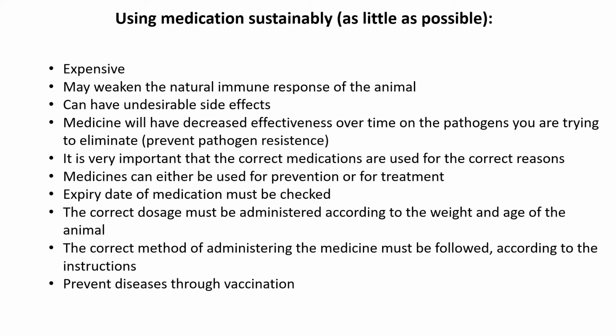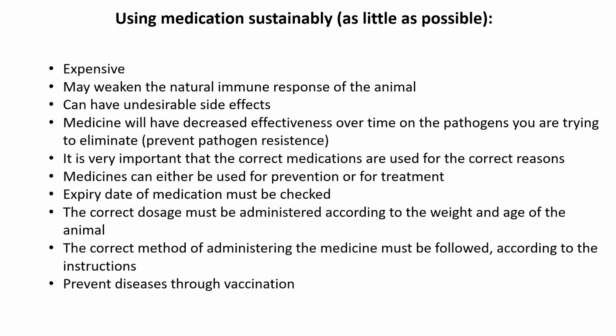Fourthly, medicine will have decreased effectiveness over time on the pathogen, let's say a bacteria or virus, if you give it the whole time. You want to eliminate this pathogen, but if you keep on using it, it actually decreases the effectiveness, meaning it causes pathogen resistance. So we want to prevent this.